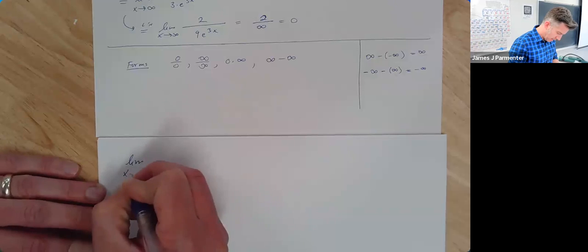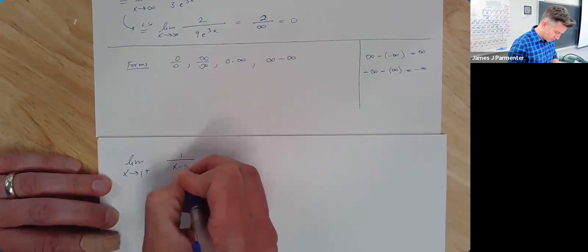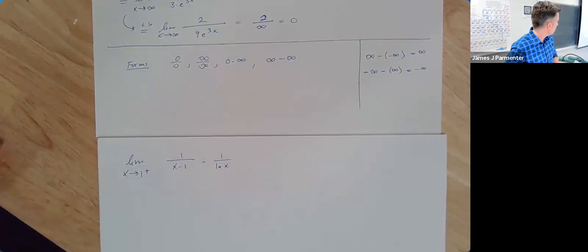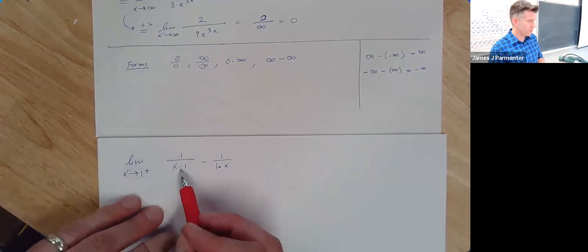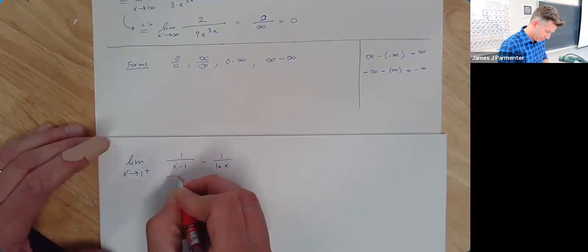The limit as x approaches 1 from the right of 1 over x minus 1 over natural log of x. So here's what we've got. If x goes to 1, well, x minus 1 is a little bit close to 0, and 1 over 0 is going to be infinitely large.